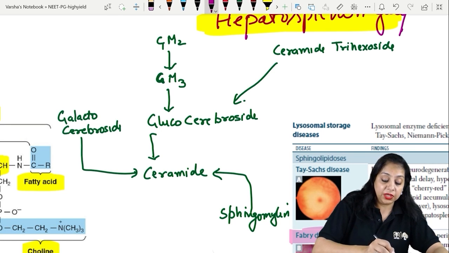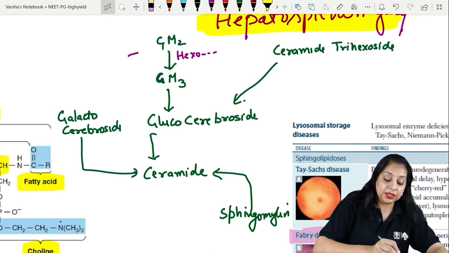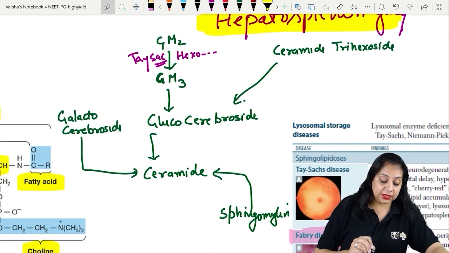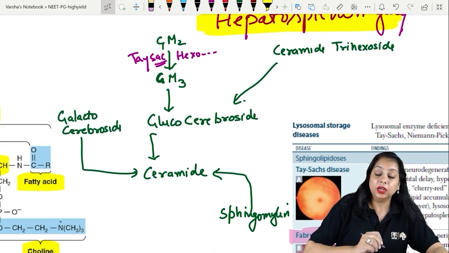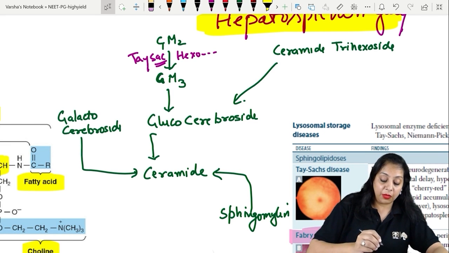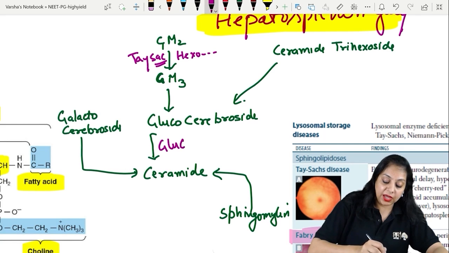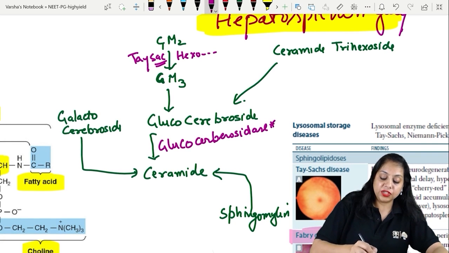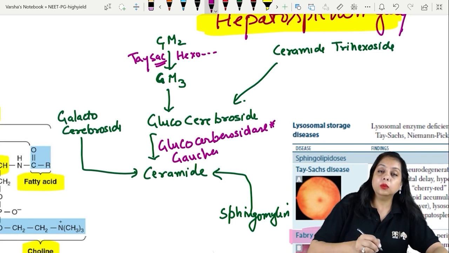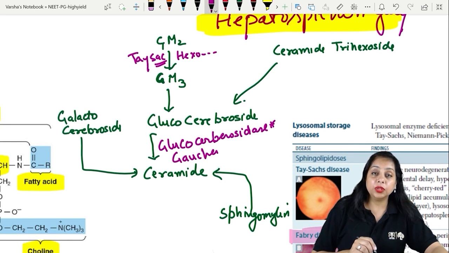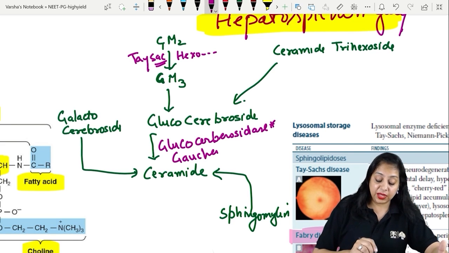GM2 to GM3 is taken care of by hexosaminidase, and the disease is Tay-Sachs disease. Glucocerebroside to ceramide is glucocerebrosidase, and deficiency of this will lead to Gaucher, the most common one, with the crumpled tissue paper appearance.